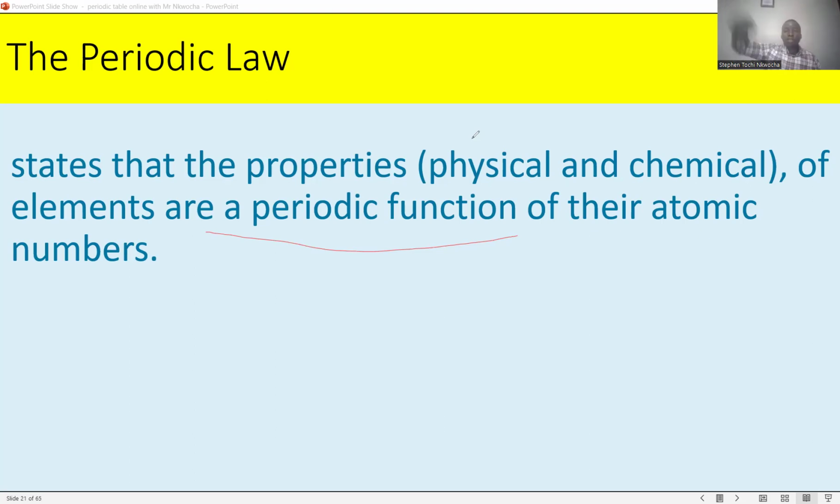We say 1, you do it again, 2. Come on, periodic. That means it goes up and comes down. It increases and then decreases. That's what periodic means. It will increase and then decrease. So those properties of the elements increase and decrease based on the atomic number.